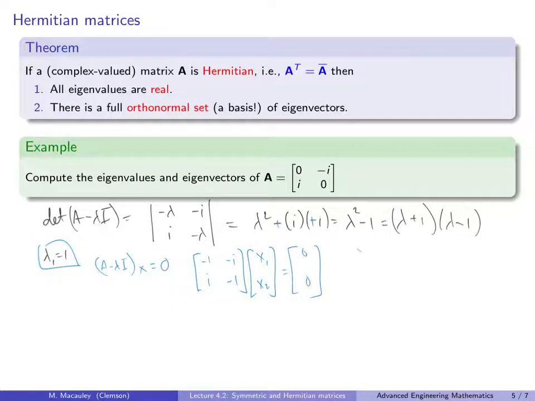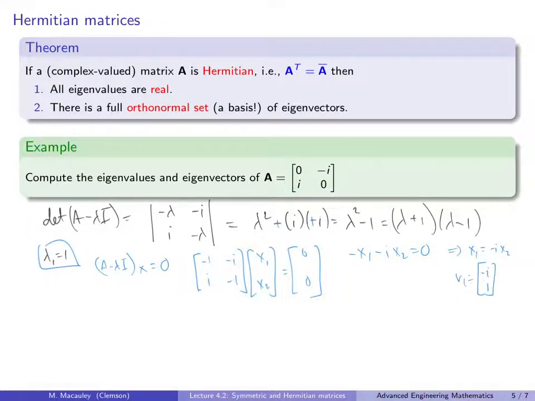So we get negative x1 minus i x2 equals 0, and so x1 equals negative i times x2. Whatever x2 is, let's call that 1. If the x2 entry is 1, then the x1 entry is negative i times 1. So negative i and 1 goes here.